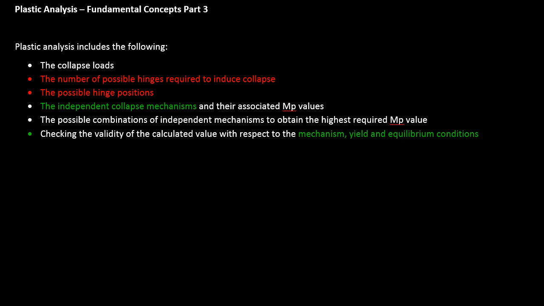frames involves. The analysis includes the following: the collapse loads, the number of possible hinges required to induce collapse, the possible hinge positions, the independent collapse mechanisms and their associated MP values, the possible combinations of independent mechanisms to attain the highest required MP value, and lastly, checking the validity of the calculated value with respect to the mechanism, yield and equilibrium conditions.